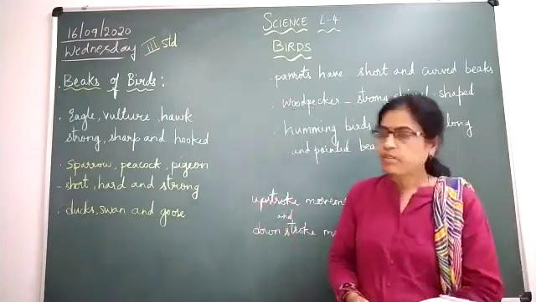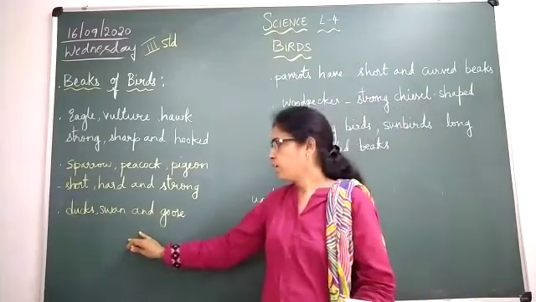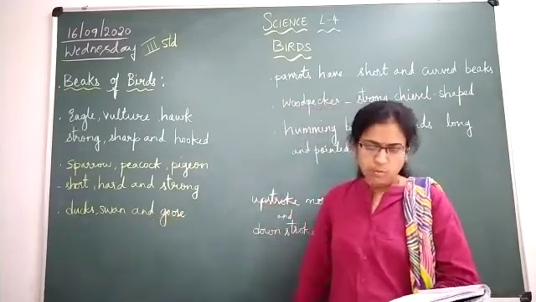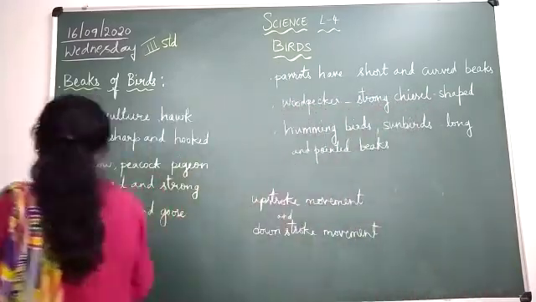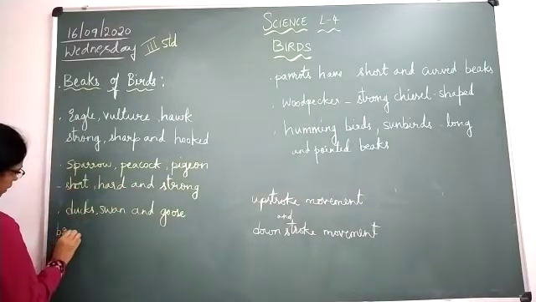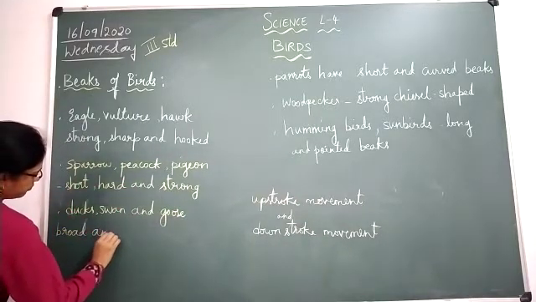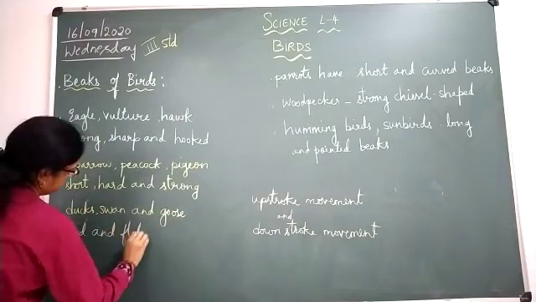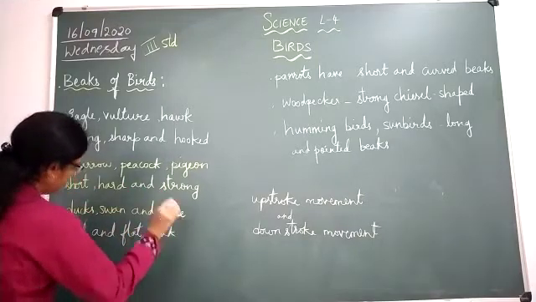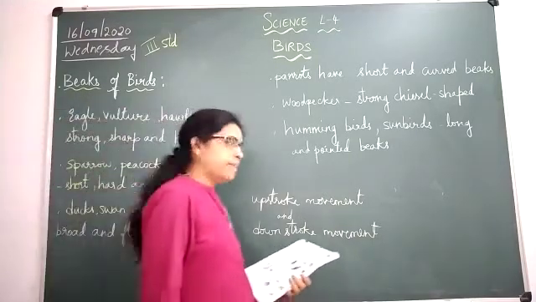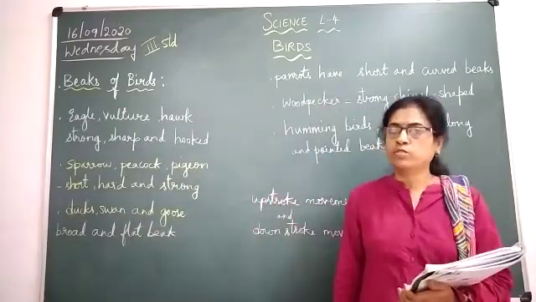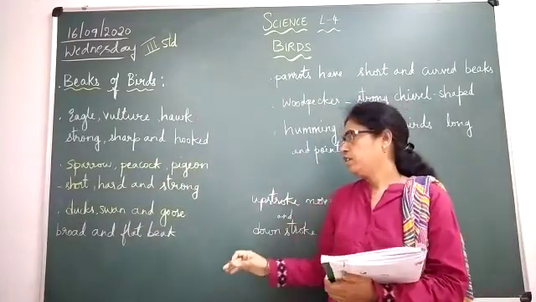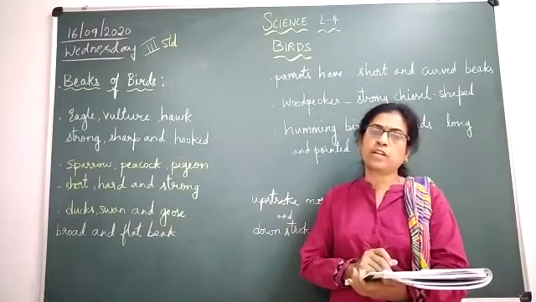Next, birds like ducks, swan and goose have broad and flat beaks, which help them to detect, grab and swallow food from the muddy water. Grab means to catch something.